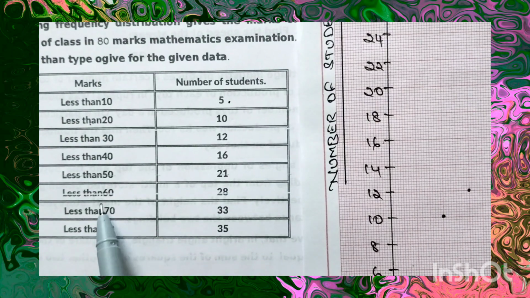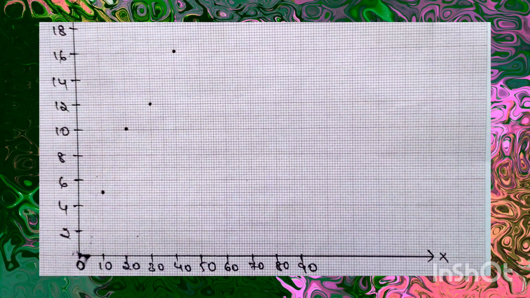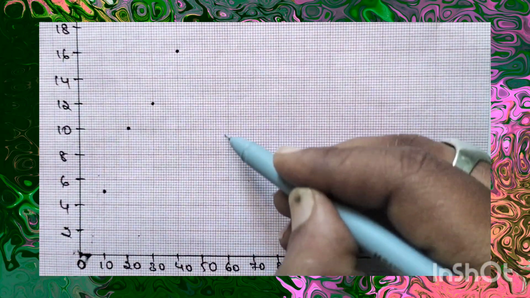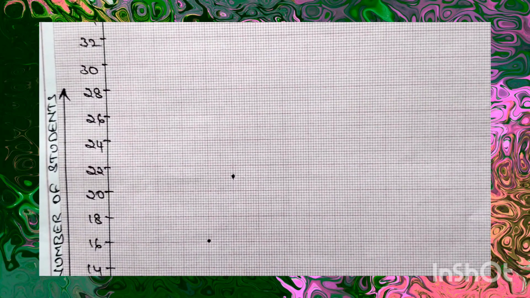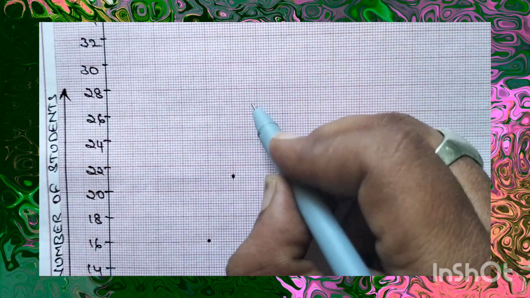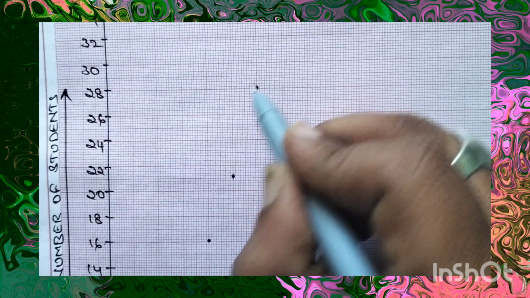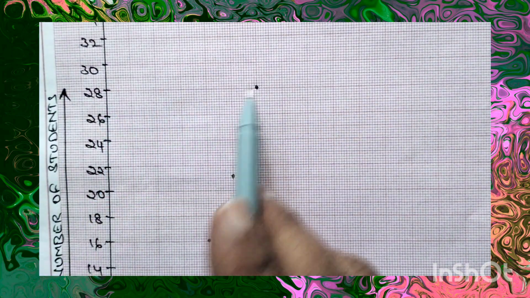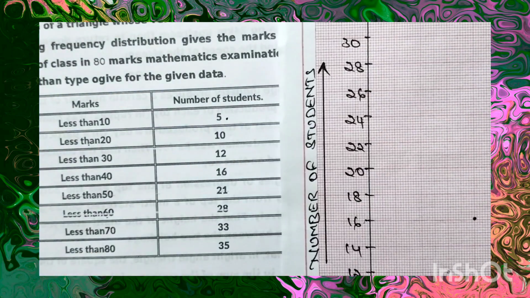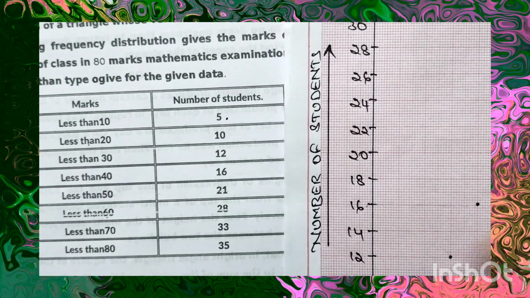Next, after that one, less than 60, 28. So going straight to 60, 28. Next, less than 70, 33.